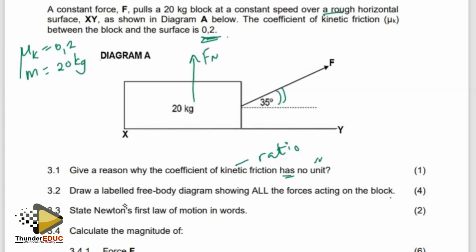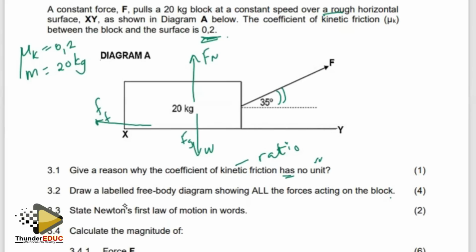For as long as it is resting on the surface, there has to be weight, or sometimes we call it the Fg. Then since they told us the surface is rough and there's friction, friction must be opposite to the direction of motion, which means we're going to have our friction that side.